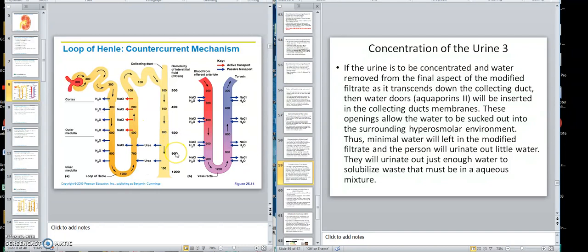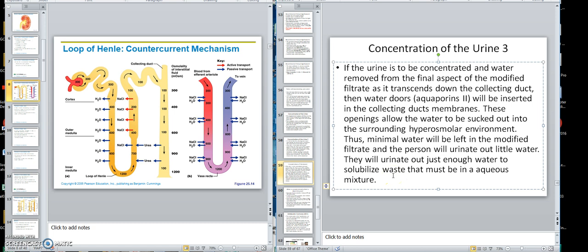Hyperosmolar, the hyper side acts as a vacuum for water. Thus, minimal water will be left in the modified filtrate, and the person will urinate out little water. They will urinate out just enough water to solubilize the waste that must be in an aqueous mixture.